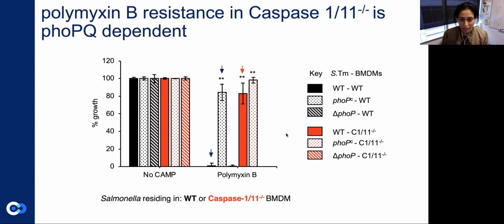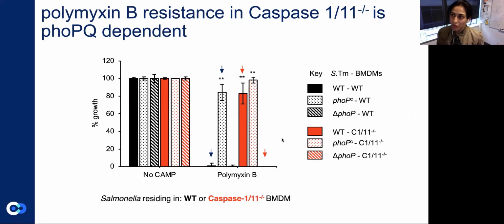And bacteria that are knocked out for 4P, which is basically this strain, are susceptible in the Caspase 111 knockout environment. And so what this indicates to us is that indeed this increase in antimicrobial resistance that we see in the 111 knockout environment is mediated through induction of the 4P, 4Q regulon in Salmonella.